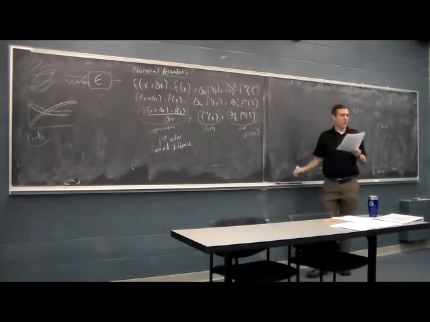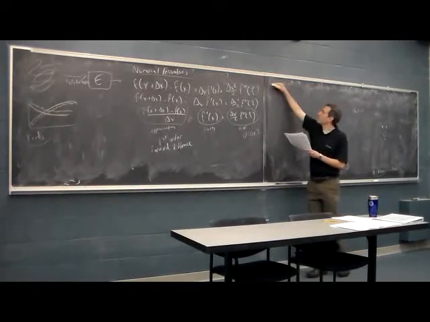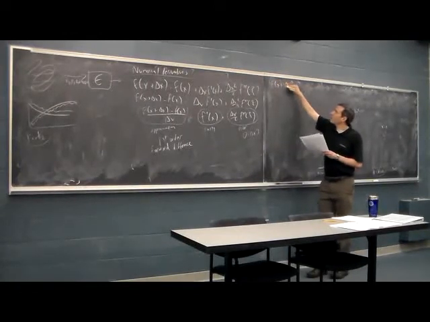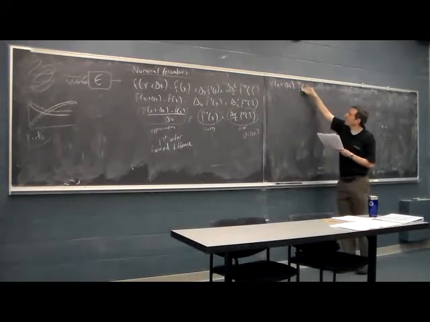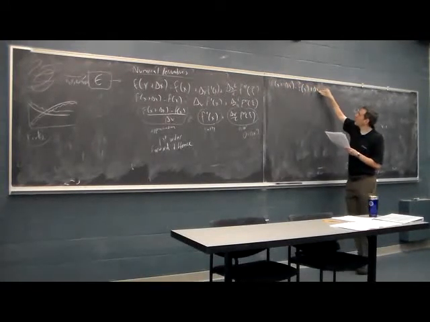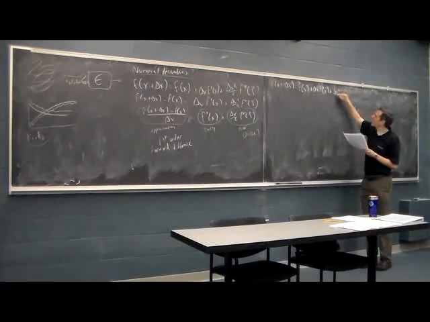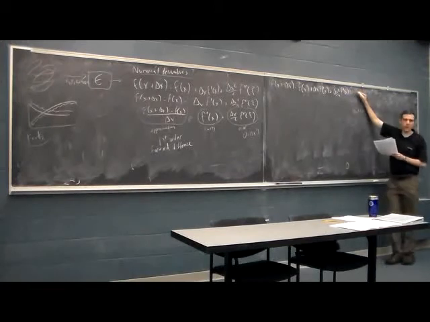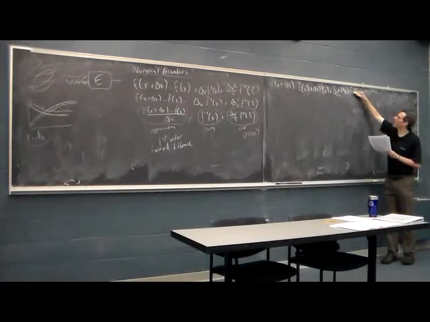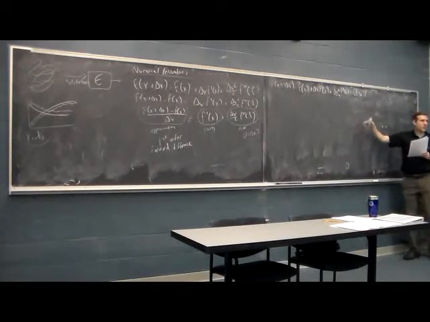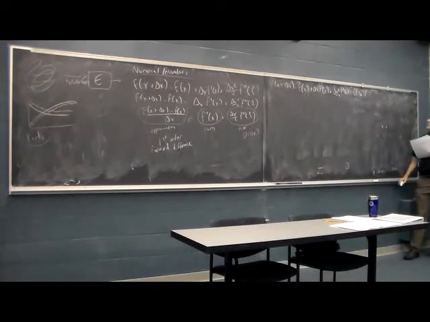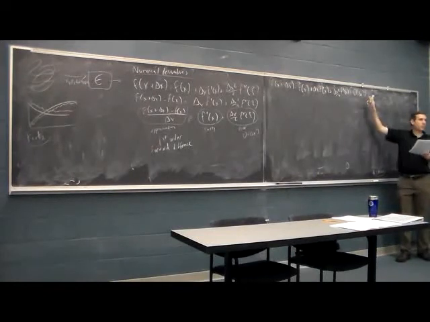For example, we can take the following two Taylor expansions. f of x plus delta x is f of x plus delta x f prime of x plus delta x squared over 2 f double prime of x. In this case, I'll take it out to 3 terms, and I'll just write order delta x cubed. So the truncation term would be delta x cubed over 3 factorial times f triple prime of psi.